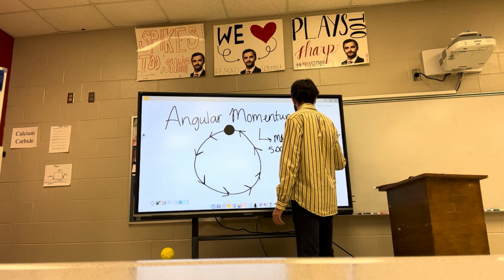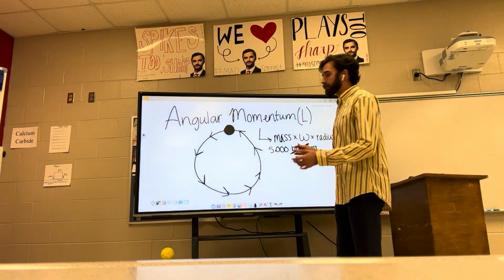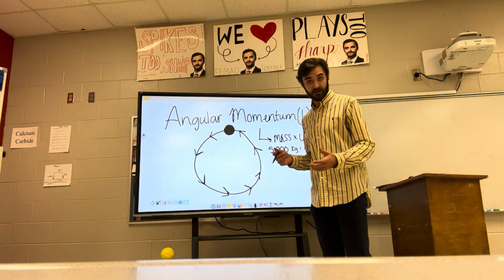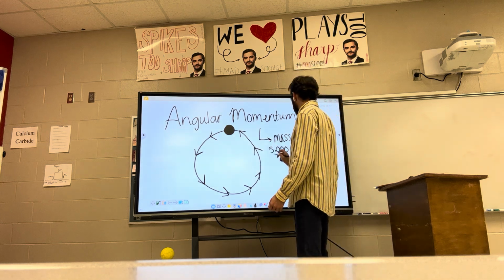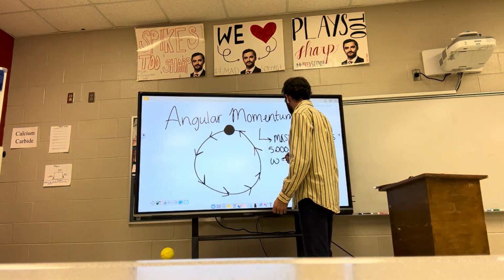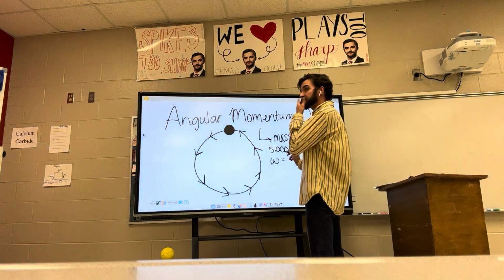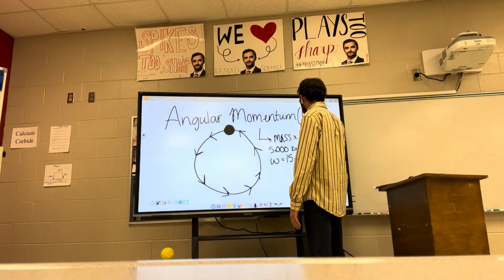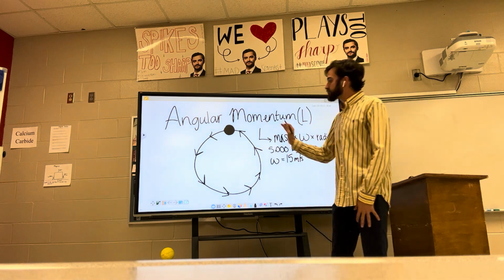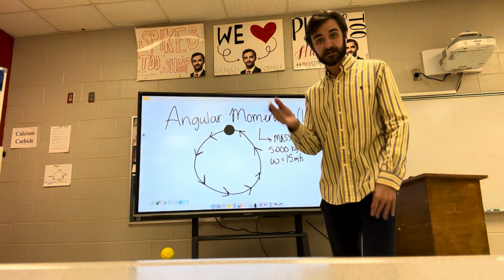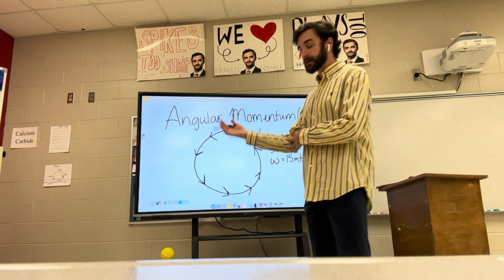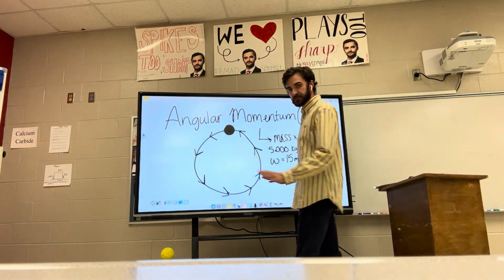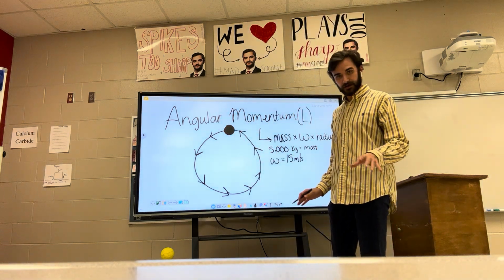And let's say that we've already calculated its angular velocity on the circular path to be, just for the sake of the example, 15 meters per second. When things are in circular motion, we can also say radians per second, which is a change in an angle. We're going to keep it simple and say 15 meters per second for now.